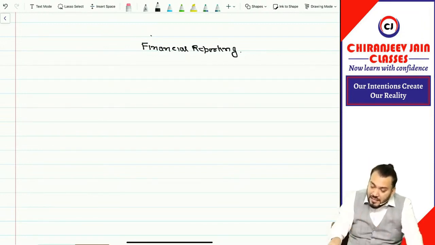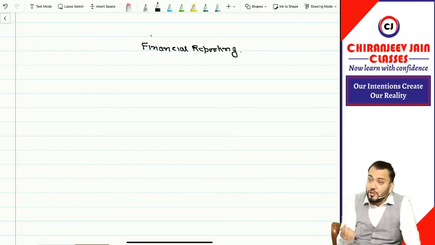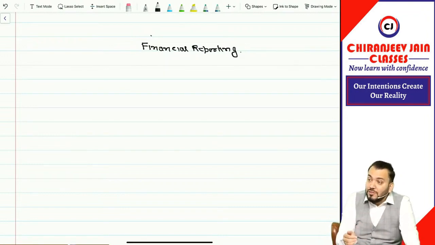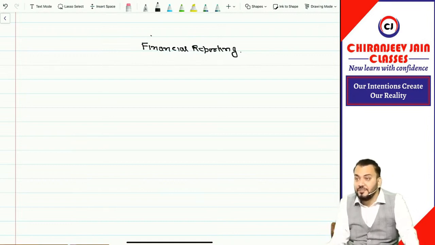And in CA Final, if you are only practicing the questions, it will not work. You need to be conceptually strong also. Conceptually strong means you should know the actual standard. If you know the standard, then only you can write.